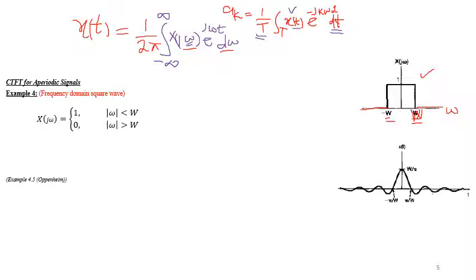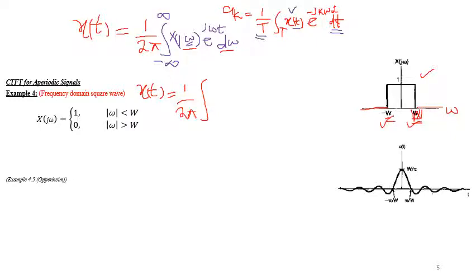So to find the time domain signal, we have x of t, and this is quite straightforward. Although we integrate from minus infinity up to plus infinity, this signal is zero from minus capital omega towards minus infinity and from plus capital omega up to plus infinity. So there is no need to consider that, because it will be zero. So we just take the limits of integration as these.